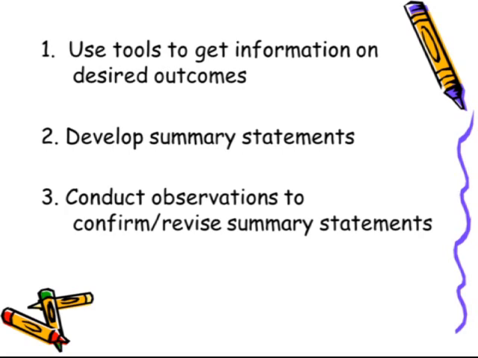You confirm the summary statements, or sometimes you revise them. For example, after doing the interview, you may have 2 different summary statements because you believe there are 2 different functions to the behavior. After you do an observation, you may find there's 1. Sometimes you start out with 1 summary statement and you find out there are actually 2. There are 2 different reasons the behavior occurs.